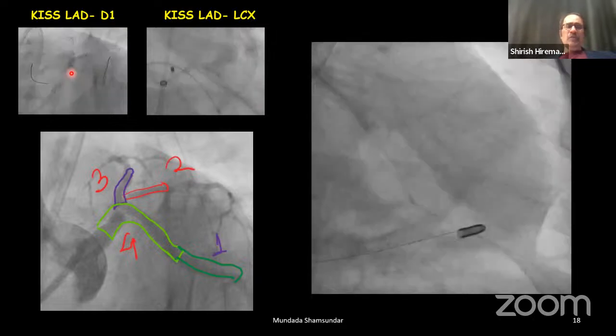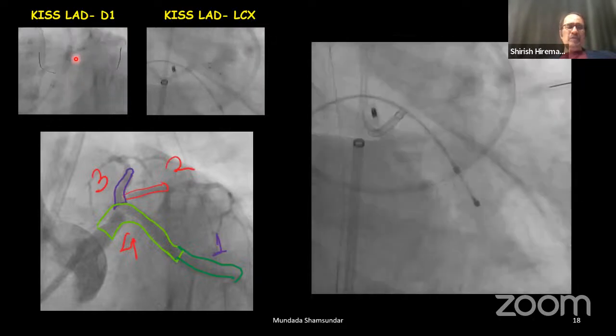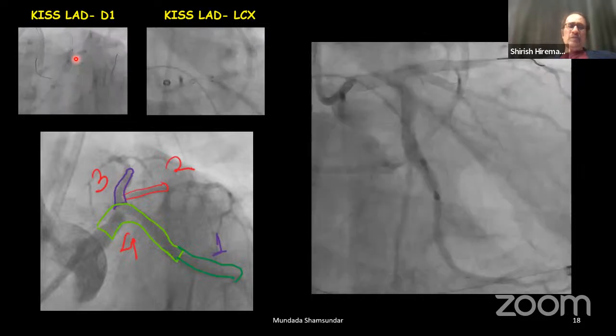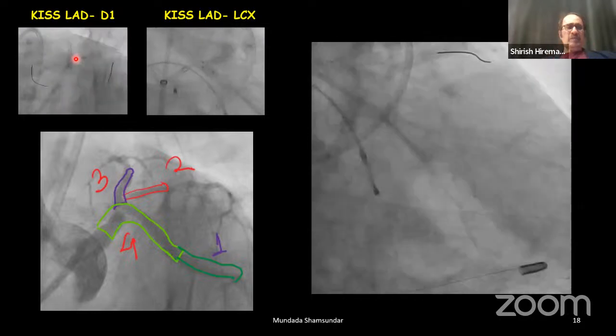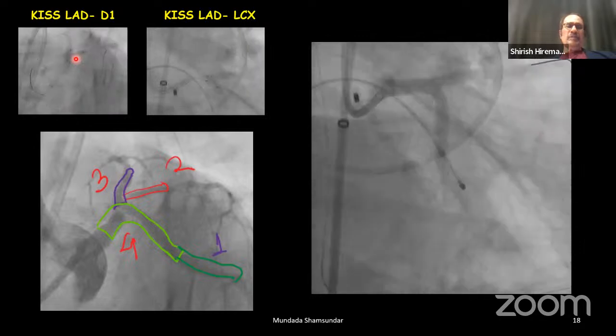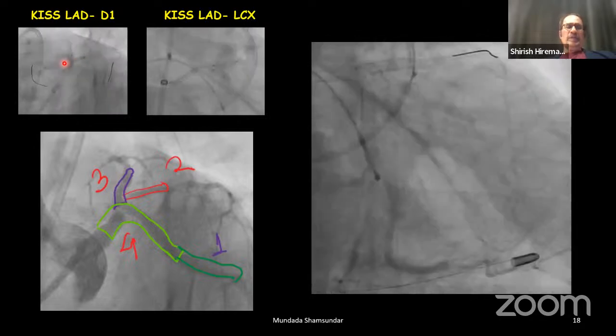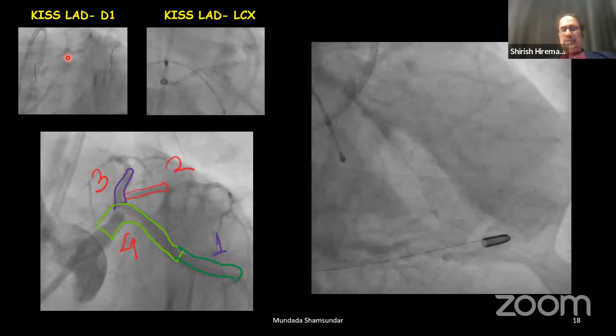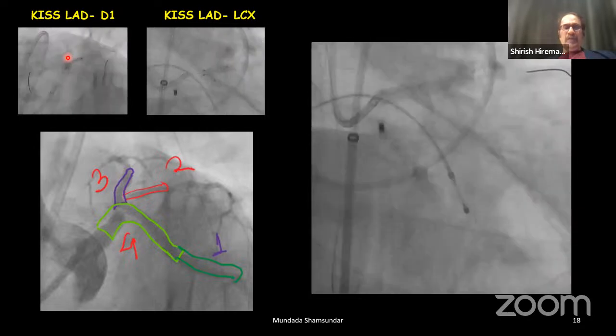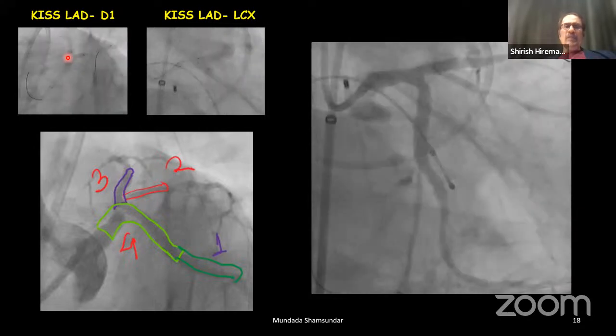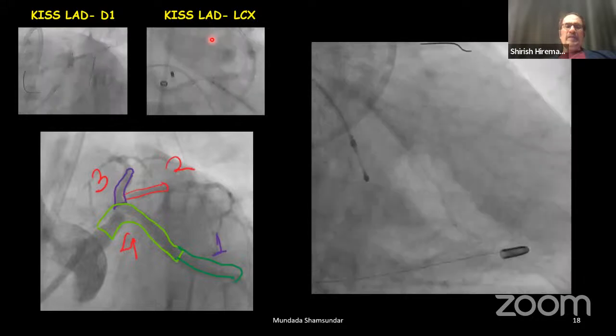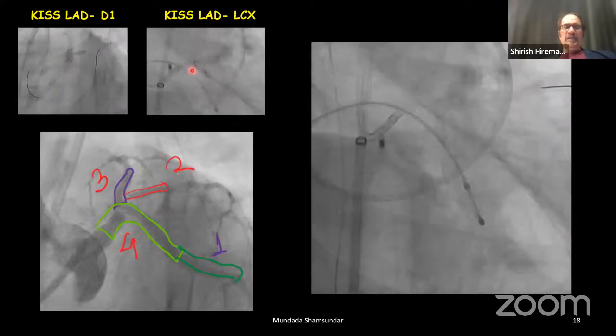So the NC balloon was used at very high pressure. Most of the time, the pressures are like 28, 30. And simultaneously, a balloon is also kept in the LAD. Then the kiss was between the LAD balloon and the circumflex.